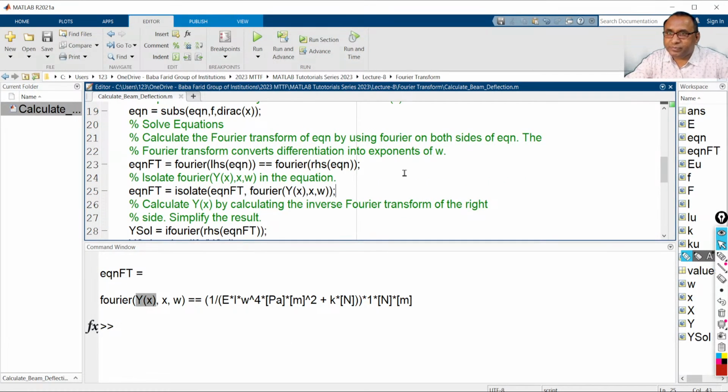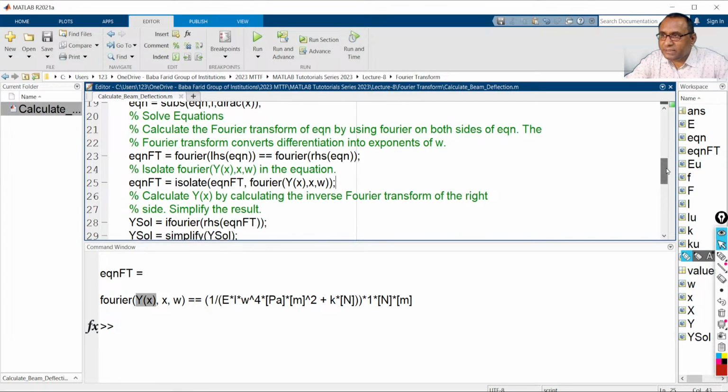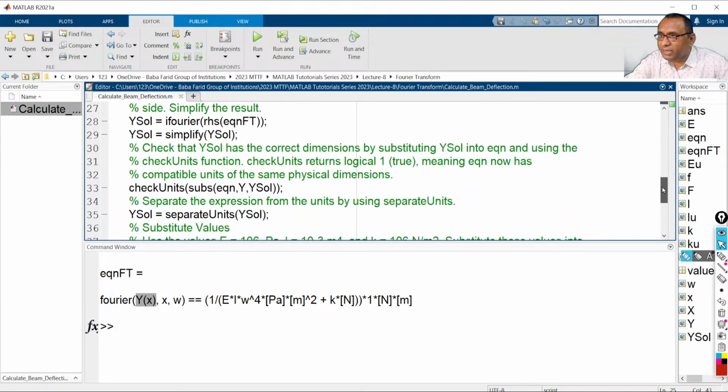Okay. See this step very carefully. Yeah, this is the part. At this place, we will check the unit. Okay. I have commented all these sequences of statements so that we only have the result of this statement on the command window. So when I remove the semicolon, we will have the result corresponding to this statement.